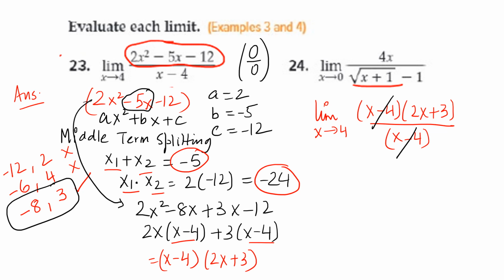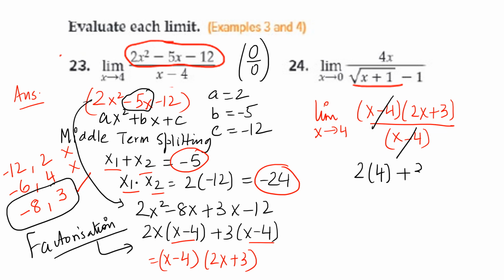You cannot find a limit from that, so that's why you go to factorization. Now you just put in the limit: 2 times 4, replacing x with 4. So your answer is 8 plus 3, which is 11. So the answer for question 23 is 11.